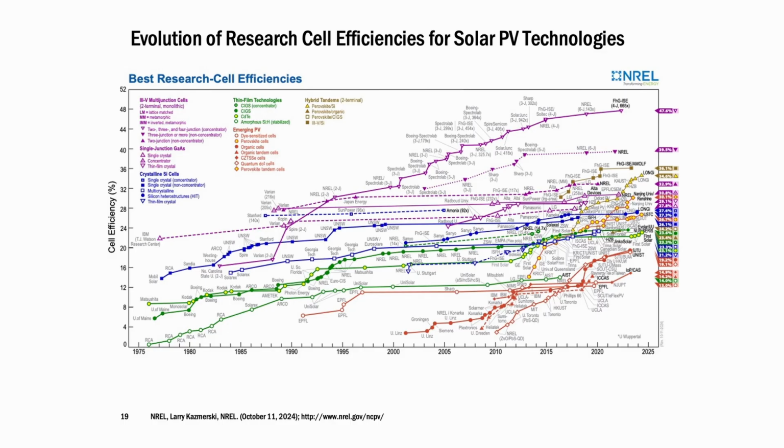So mono-Si and polysilicon cells are the most prevalent worldwide, as we talked about, and those are the ones in blue up here. These two materials don't necessarily have the highest efficiencies of all the different materials, but they really strike the right balance between efficiency and cost, which is why they're the most prevalent.